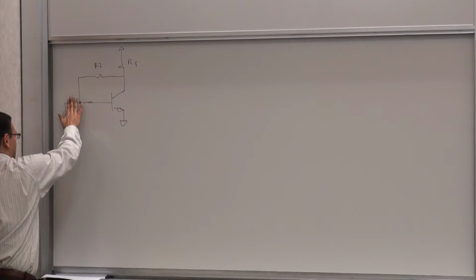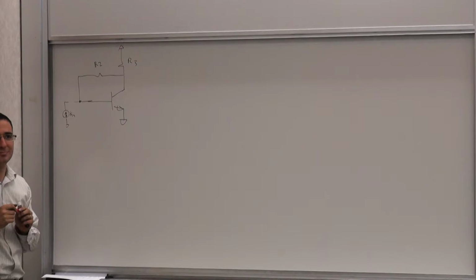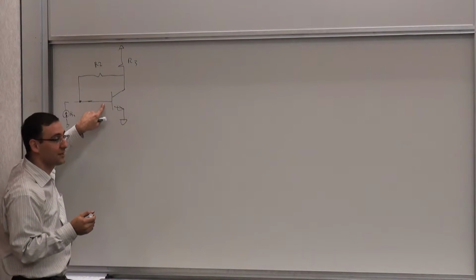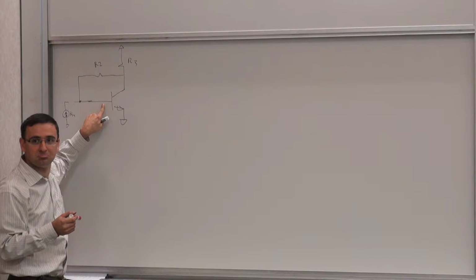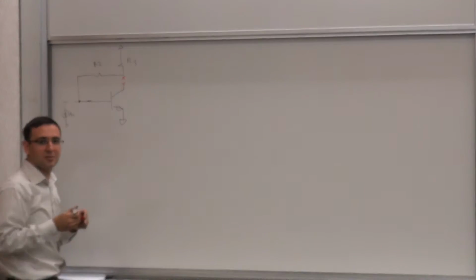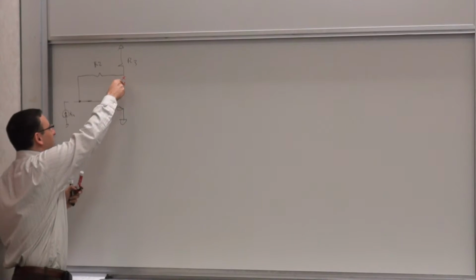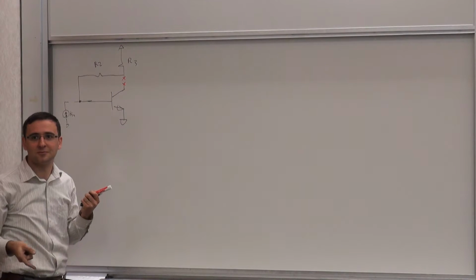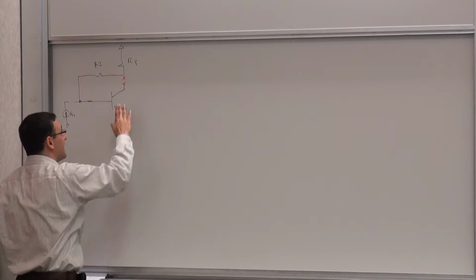Well, at low frequencies, if I put a signal here, would anything get back to me through R2? No. Let's say I break it here. If I apply a signal here, would anything go this way? No. So at low frequencies, it is unilateral.